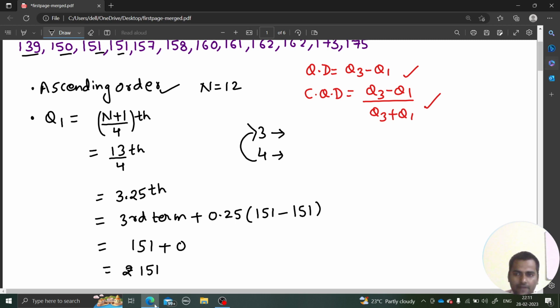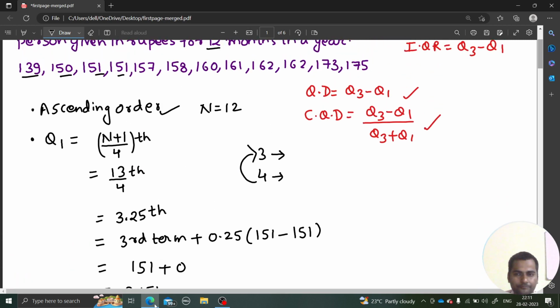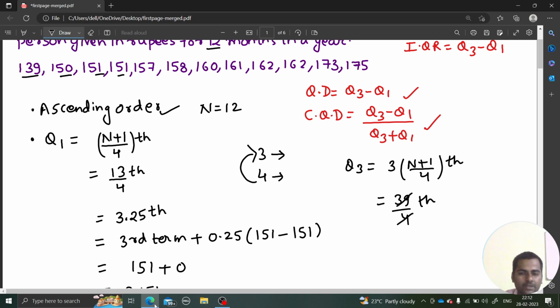Similarly, you have a formula for Q3, which is 3 multiplied by (n plus 1) by 4. I have already calculated (n plus 1) by 4th. Multiplying that by 3 gives 39 by 4, which is 9.75.